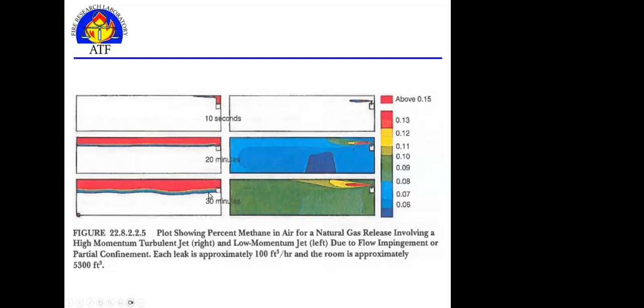Here you can see the various concentrations of gas and air, versus a high velocity leak at the same level, where you get more uniform or homogeneous mixing within that compartment. That's just a function of the momentum or velocity of that leak, and how that aids in the mixing of the compartment.